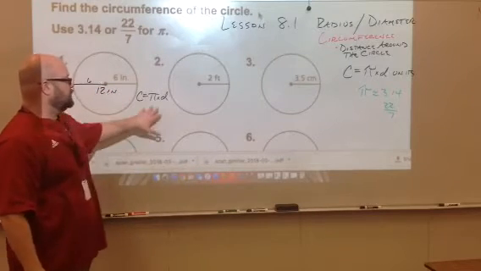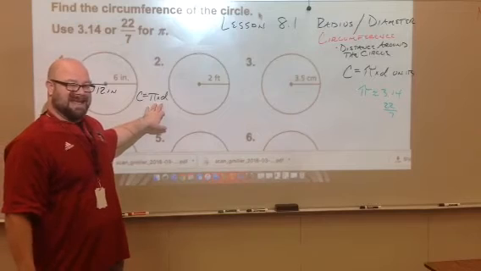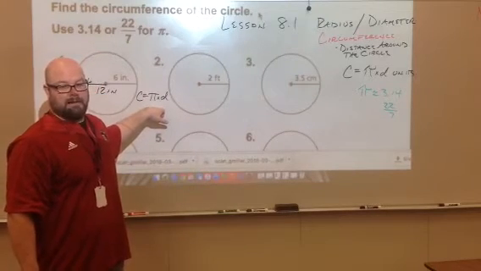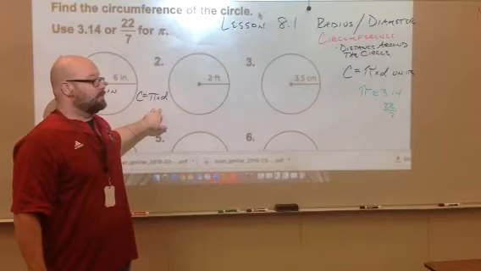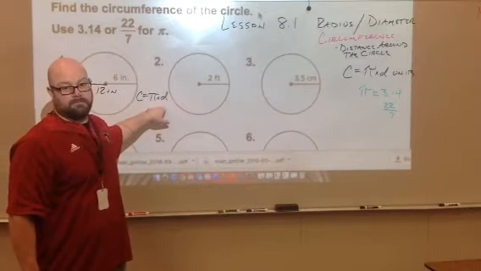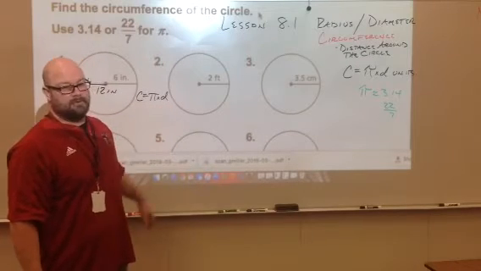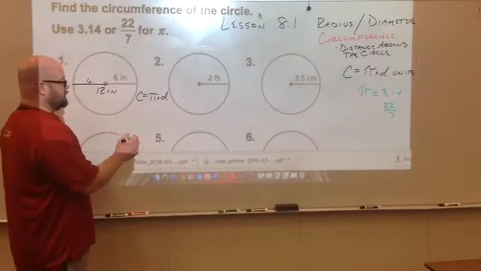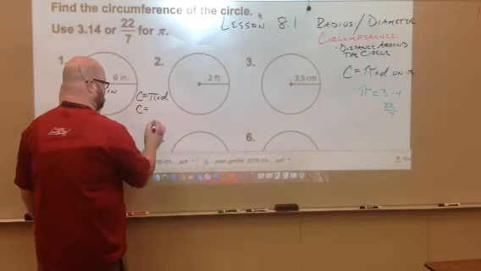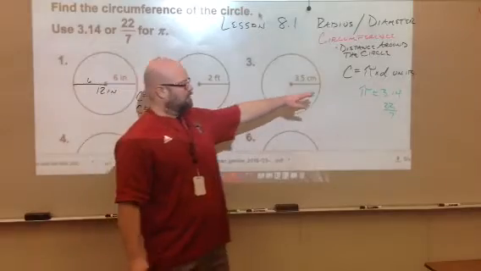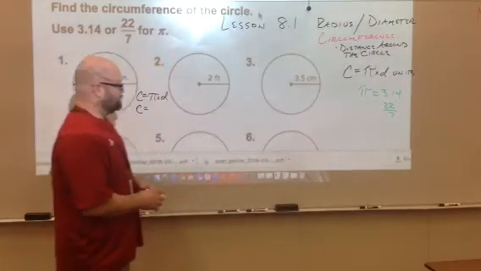We're going to focus on using one formula and doing that well instead of worrying about a formula with radius. I think we can do well enough with understanding how to find diameter that we can just use one formula. Now here's how we know whether we're going to use 3.14 or 22/7.